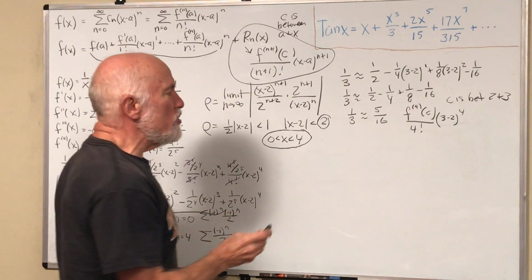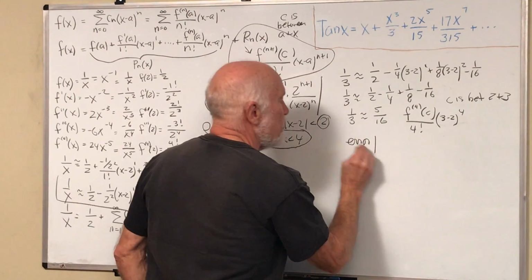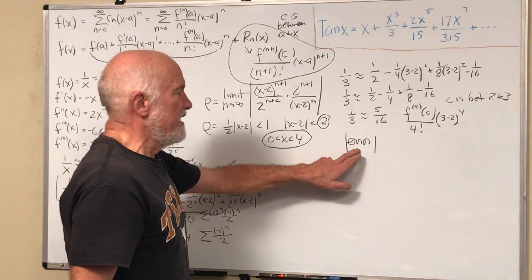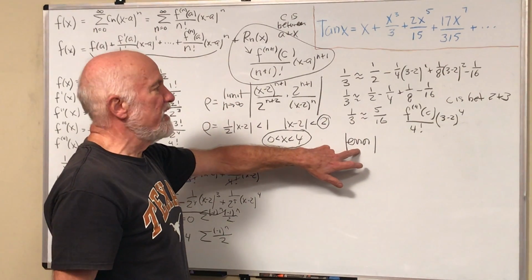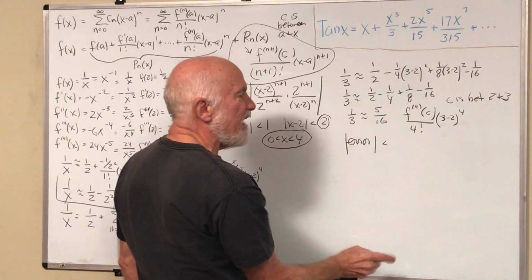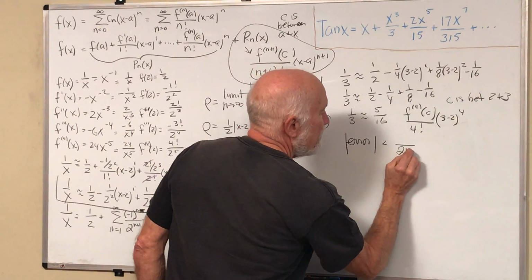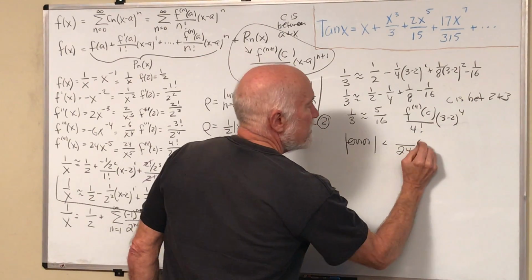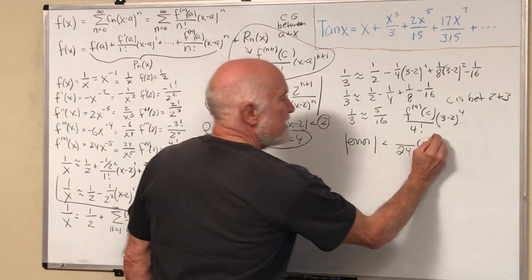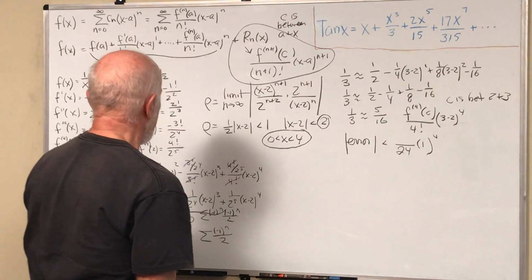So all we can do is give an error bound. And we usually do it by the magnitude of the error. And this is called the Lagrange error bound. And what it is, we can say the error is less than, and we pick 4 factorial times 1. What is the 4th derivative?